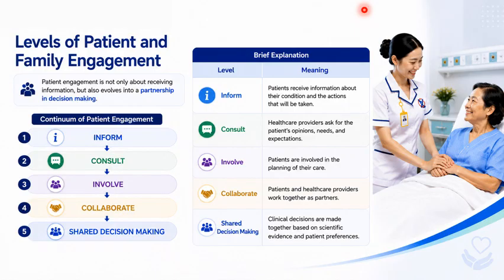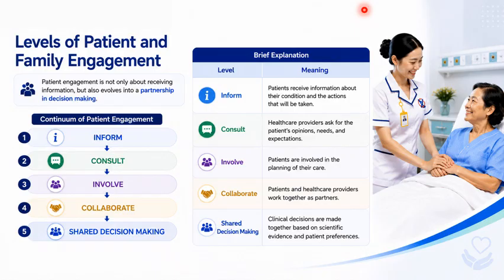at home. The point is that the healthcare professional does not simply create a plan on their own and hand it to the patient. Instead, the care plan is developed collaboratively. Now, the last one, the important one, is what we call shared decision making. This represents the highest level of engagement.